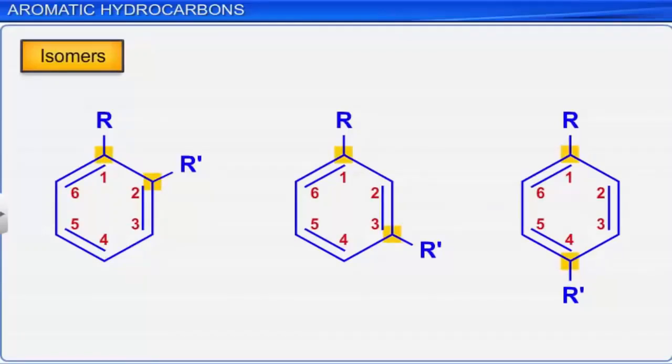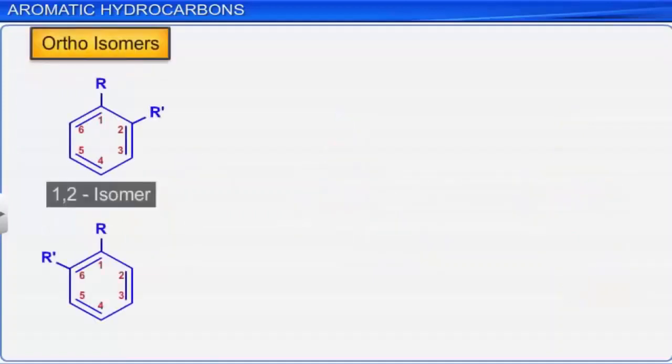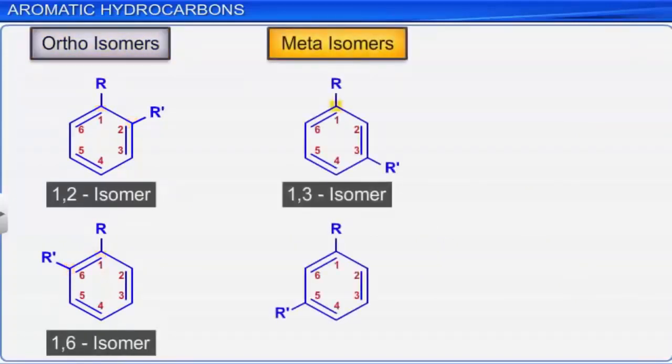The 3 position isomers of a disubstituted benzene are ortho, 1,2 or 1,6; meta, 1,3 or 1,5; and para, 1,4.